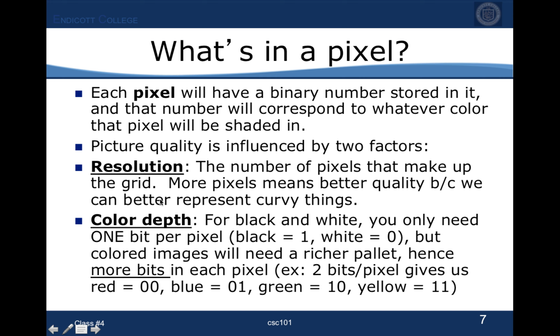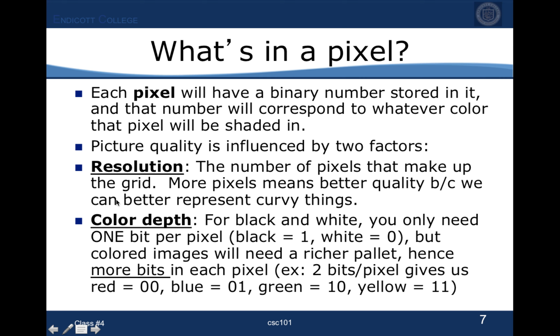You're also going to be able to represent things that are curvy. If we lived in a boxy world where everything was straight edges, we wouldn't need that fancy of a camera. But since we live in a world of many colors and many curves, we want to capture all that. Resolution, which refers to how much you chop up your image into boxes, plays a big role in quality.